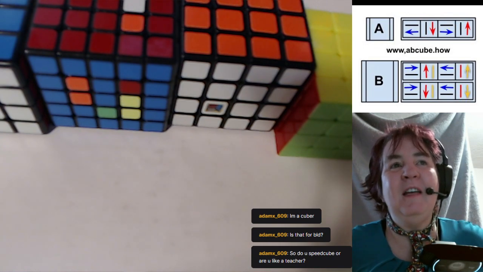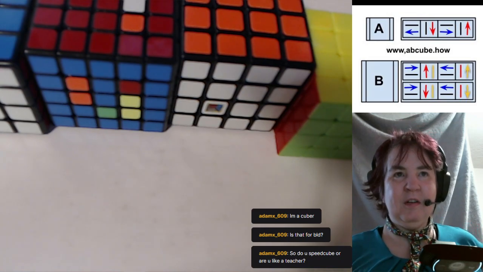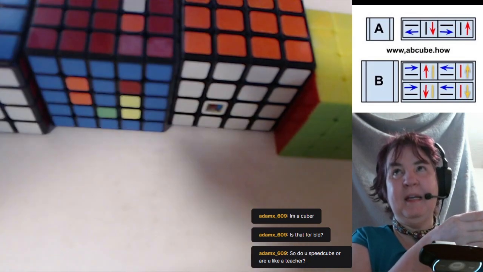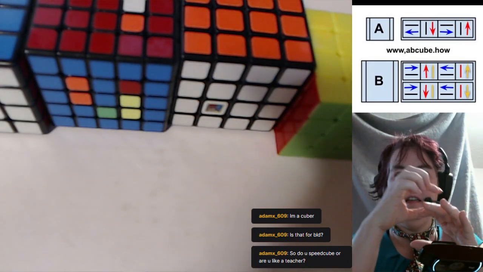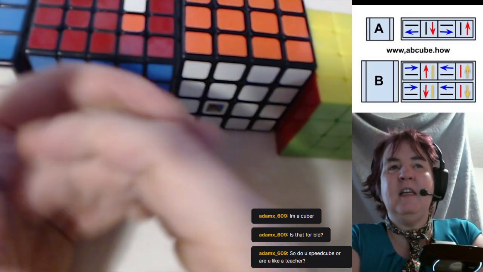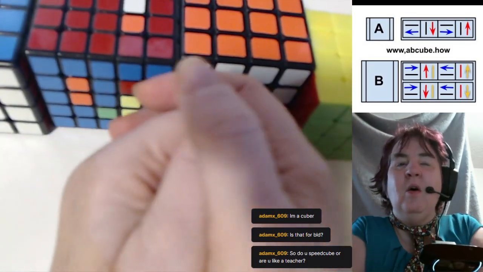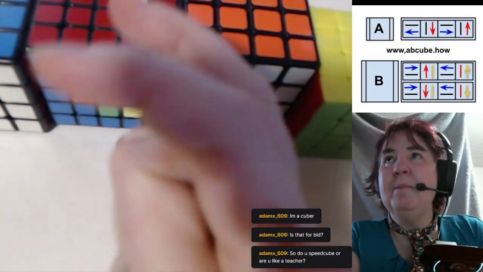But what's funny with the ABCube is that when you look at how you can improve, it will teach you the beginner's method. But when you look at the statistics for the solve you've just done, it says, oh, it looks like you used RU to solve, and these are the steps in that, and this is how long you took for each one, so that you know where your hang up is and where you need to slow down or speed up.